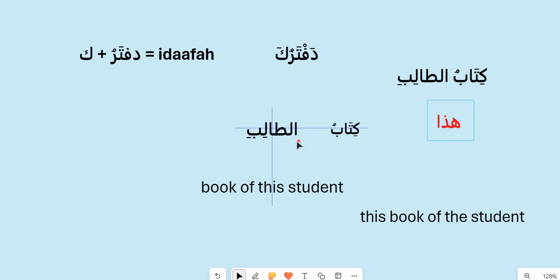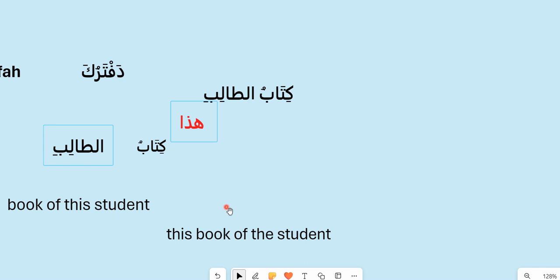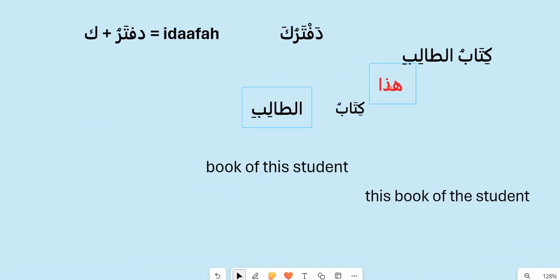So as you can see, this ism al-ishara is used with the student here, "book of this student". Your translation for this will be Kitabu Haza Talibi. The ism al-ishara will be in between with the mudaf ilayh.